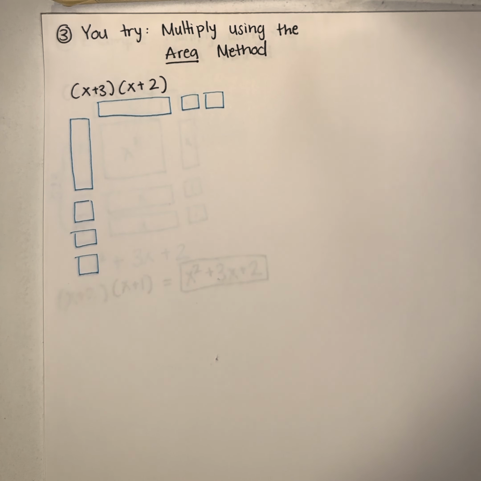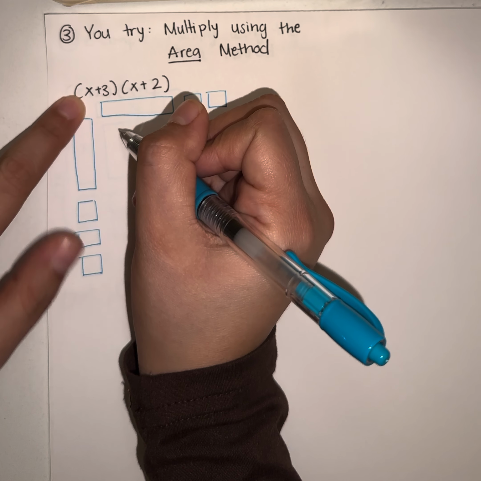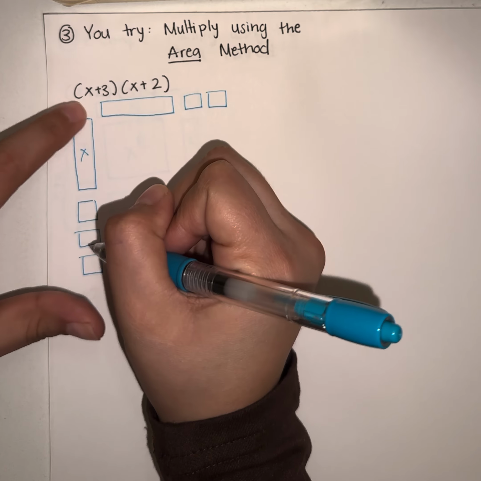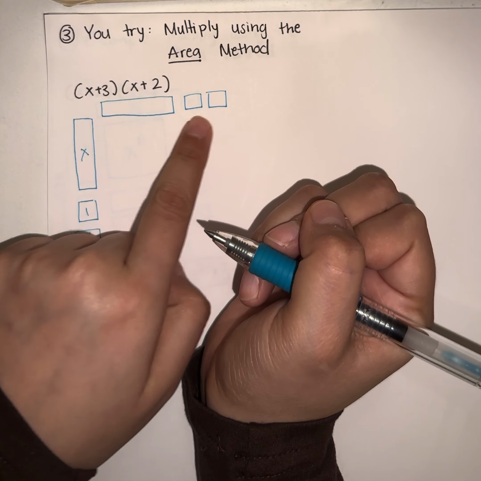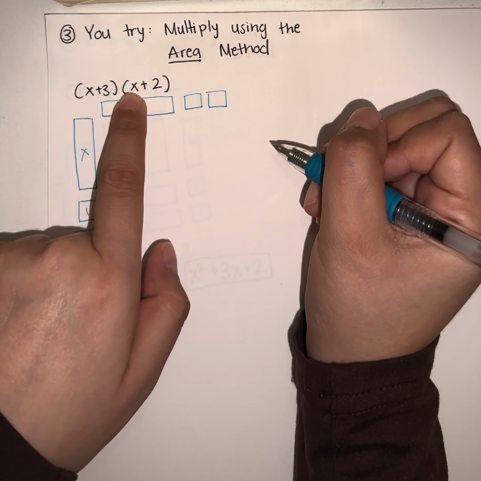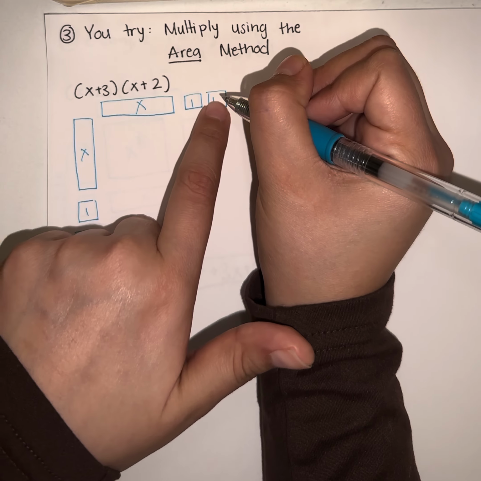All right, hopefully you got something like this. This is my x over here, and these are the 3: 1, 2, 3. Now this one over here represents x plus 2, and these are my 2: 1 and 1. 1 plus 1 equals 2.